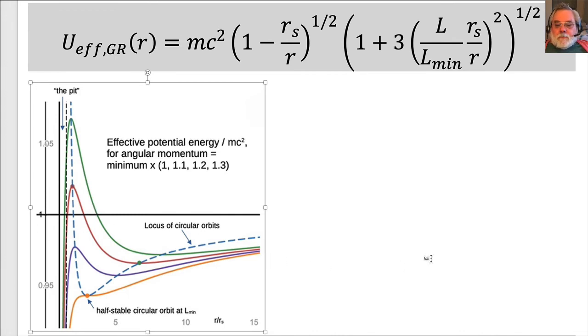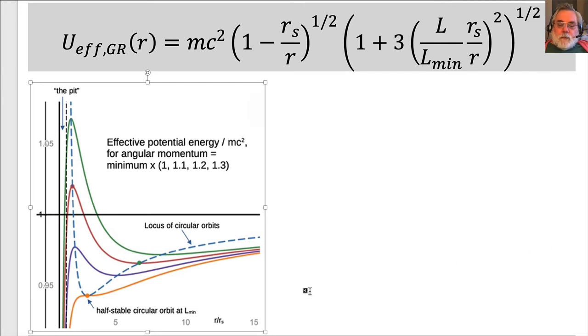The orange graph is for the lowest value of angular momentum, L equals L min. The orange dot is not a minimum, it's an inflection point. It occurs at 3 times the Schwarzschild radius. This is the innermost stable circular orbit, or ISCO. Actually, this orbit is half stable.